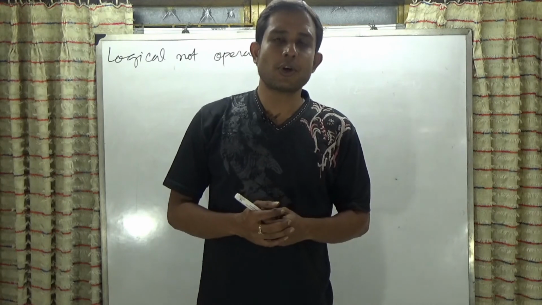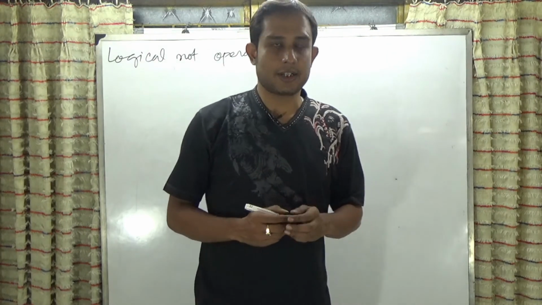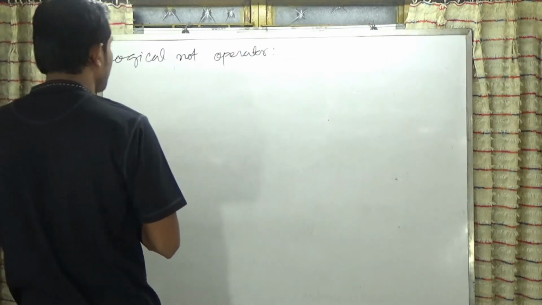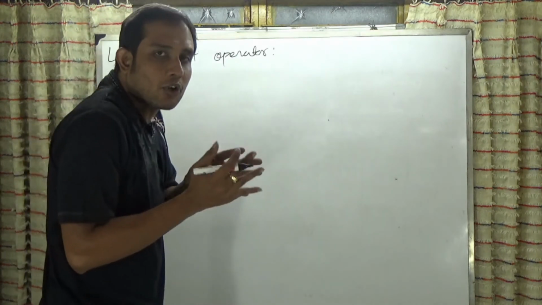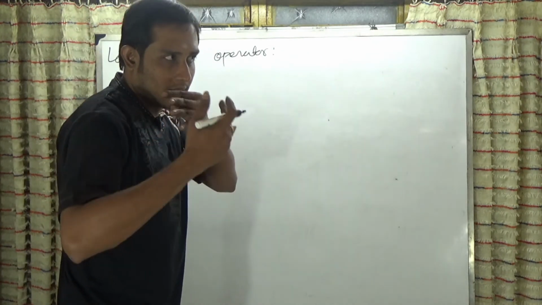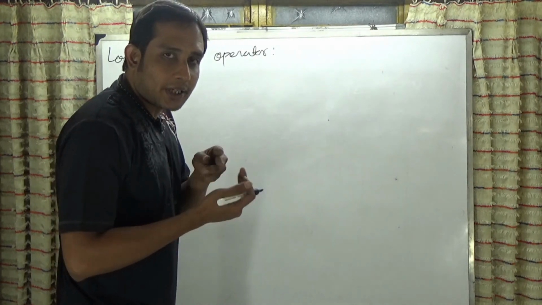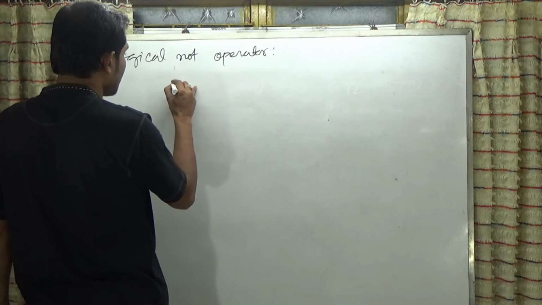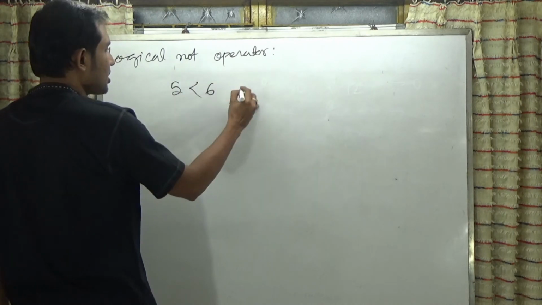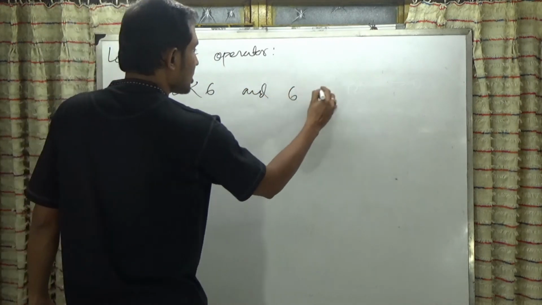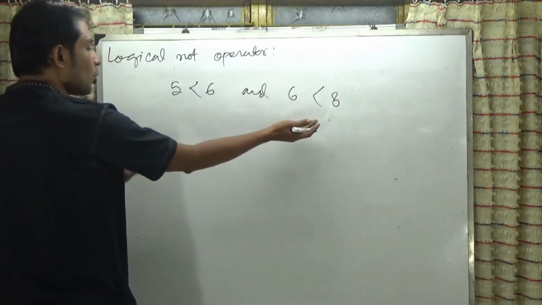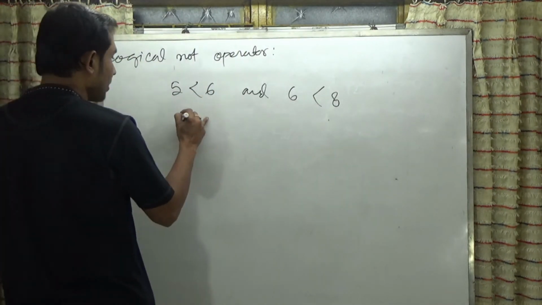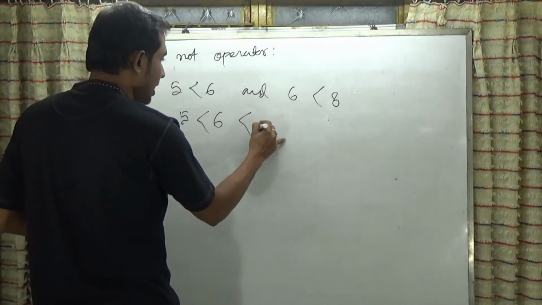Now I come to the chain comparison operator. The chain comparison operator is a simplified form for writing multiple logical AND operations. If I check that 5 is less than 6 and 6 is less than 8, it can also be written in short form as 5 less than 6 less than 8.